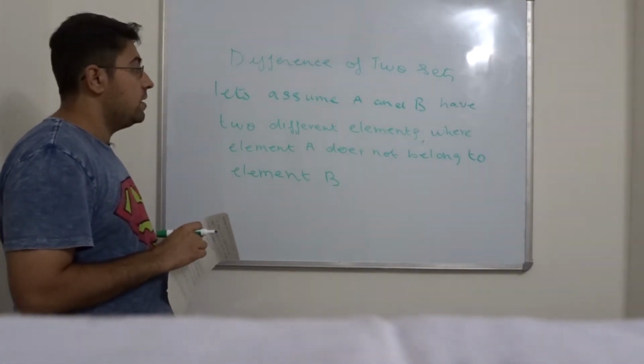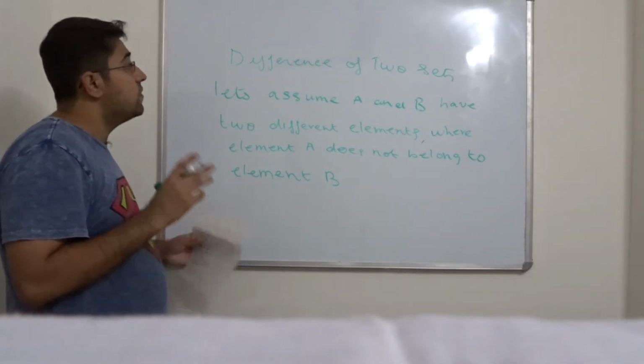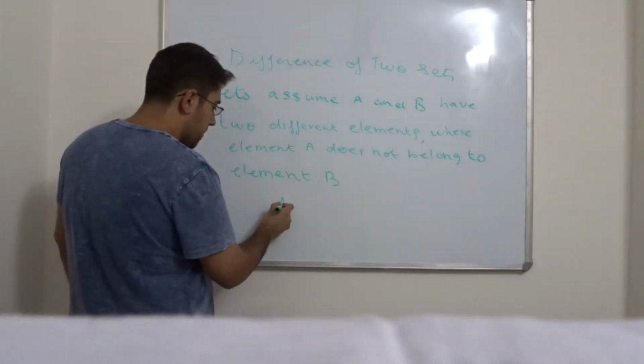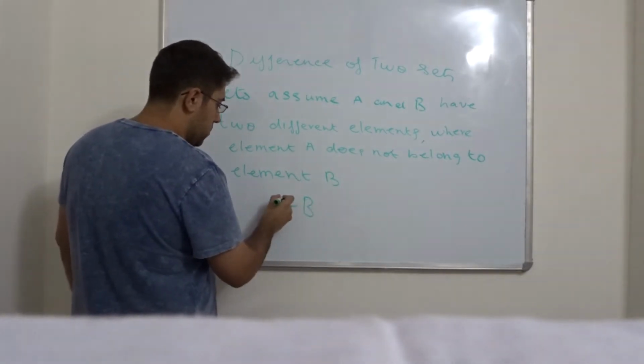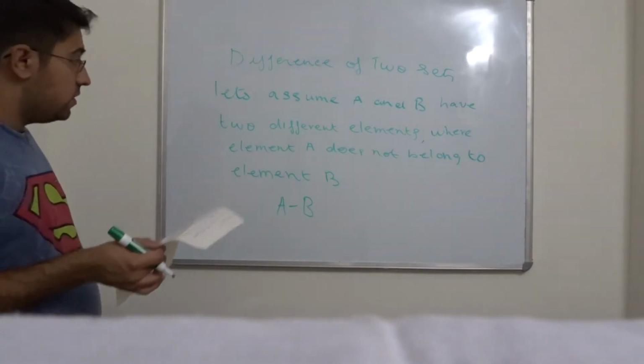So basically the difference of two sets, guys, is this: A minus B. This is the difference between the two sets.